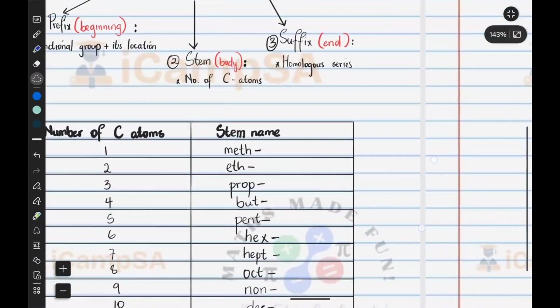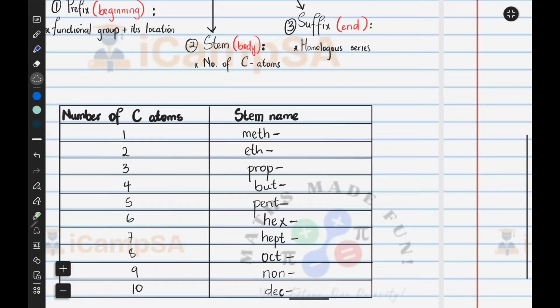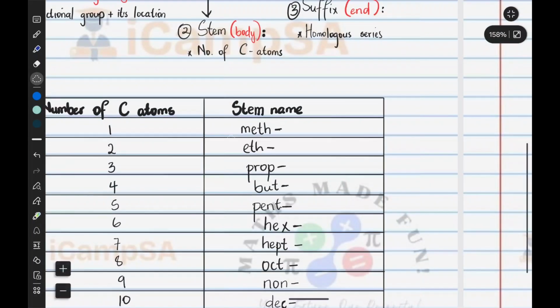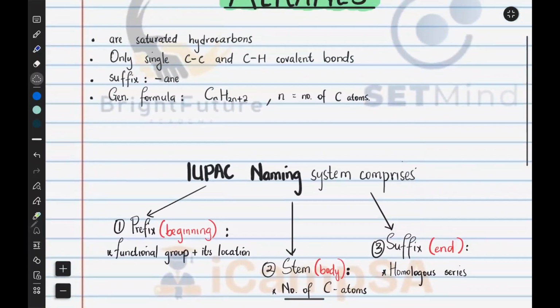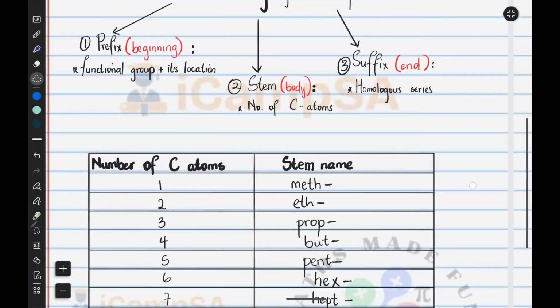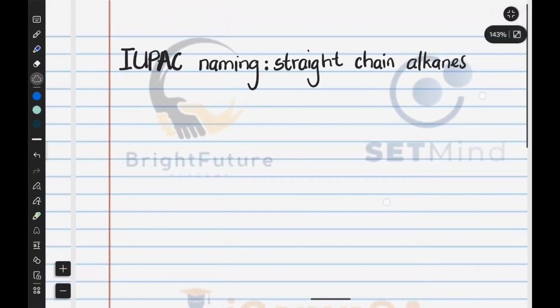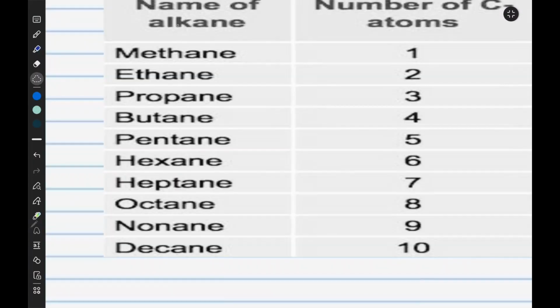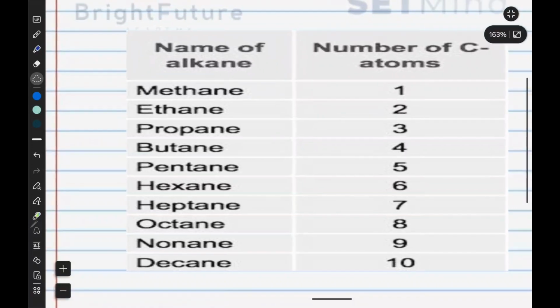So if the straight chain alkane has 1 carbon atom in its molecular formula, it will be called meth, plus the suffix, which is ane, so it's called methane. I'll put a table here. We have methane, which is when that particular simple straight chain alkane has 1 carbon atom. We have ethane when it has 2 carbon atoms. We have propane, butane, and all the way up to decane.